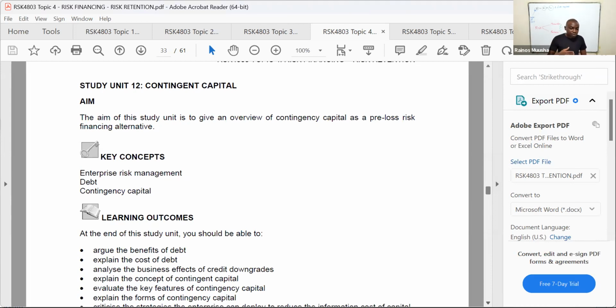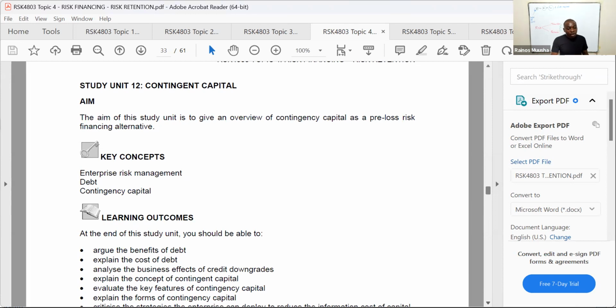Because remember, with contingent capital, you are making an arrangement to say, in case of a loss event, I want to have access to capital so that I can use this capital to mitigate the cost of this particular risk. So in a way, you are transferring the risk for someone else to give you that capital so that you cover for that loss.